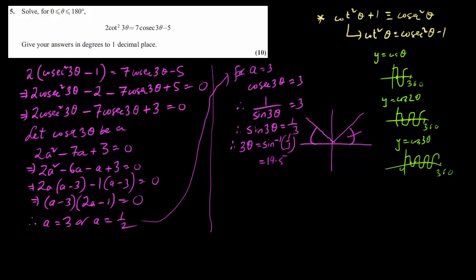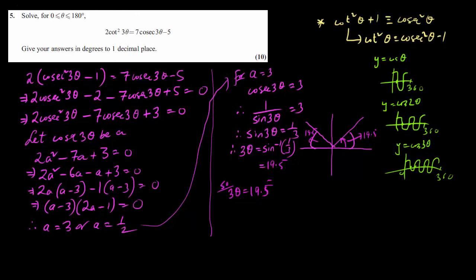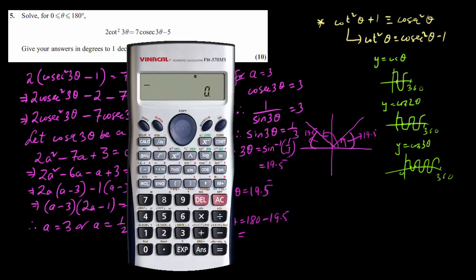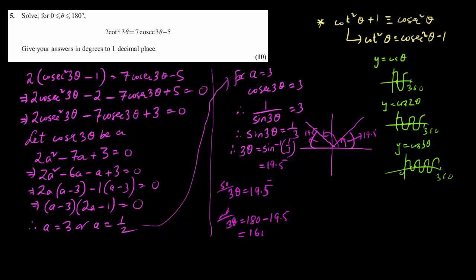In the first quadrant, the angle is the same as the basic angle, so 19.5 degrees. In the second quadrant, it is 180 degrees minus 19.5 degrees, and that turns out to be 160.5 degrees.